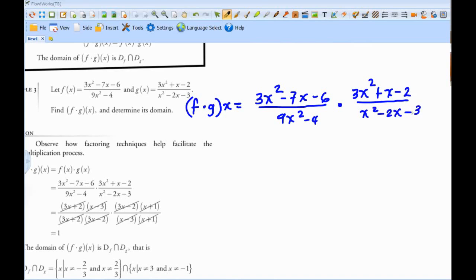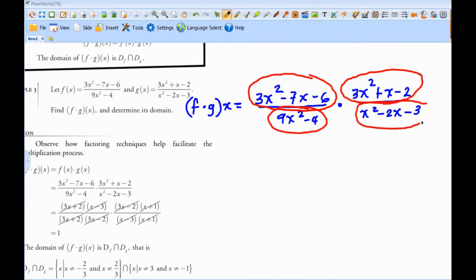So this is just multiplication of fractions of expressions, but since we are able to factorize this, we can simplify. So we will factorize all of this, so remember about factoring. You can use your calculator in order for you to get the factors.